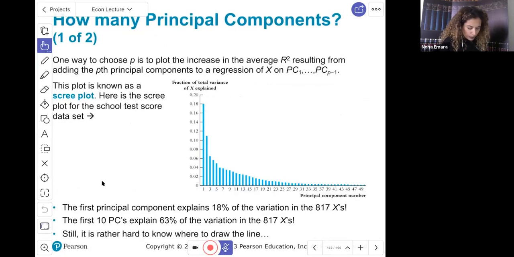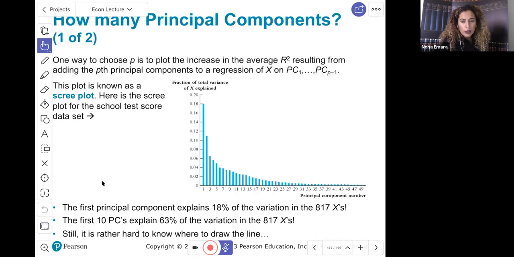When you look at the fraction of total variance explained, of course, you want to maximize the variation explained, which is the R square. What you can see here is the principal component number. Principal component 1 would explain 18% of the variation, principal component 2 would explain maybe around 11% of the variation, and it keeps going.